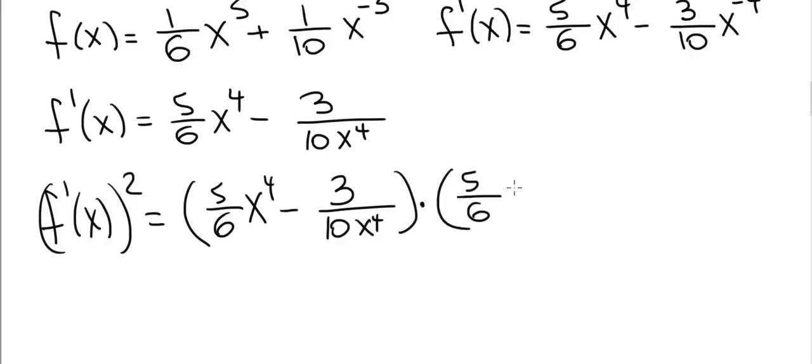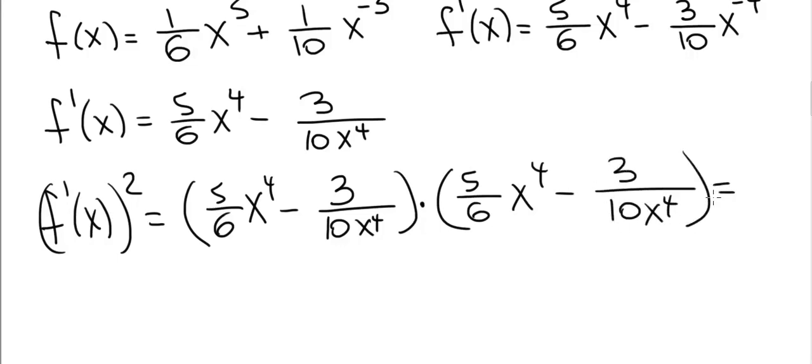So 5/6 x to the 4th minus 3 over 10x to the 4th. And this is equal to, let's go ahead and expand this, 25 over 36 x to the 8th power. And then 5/6 x to the 4th times minus 3 over 10x to the 4th, x to the 4th cancel. We get minus 15 over 60.